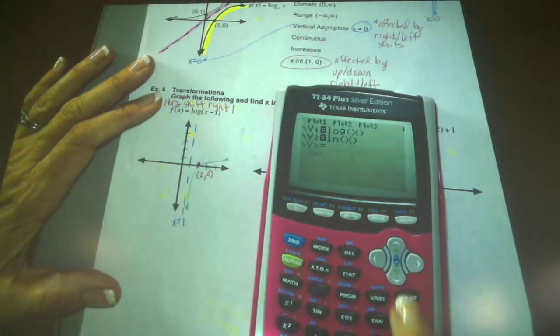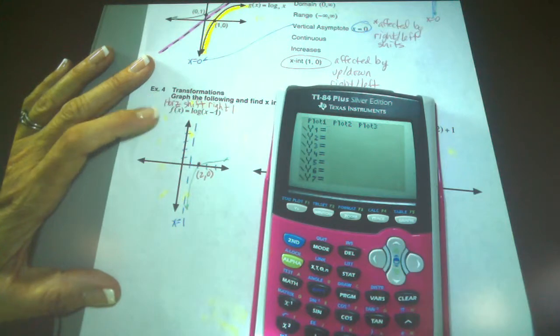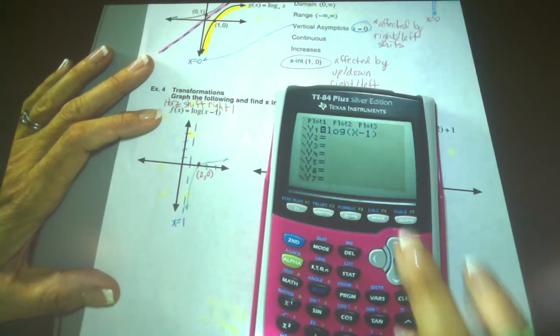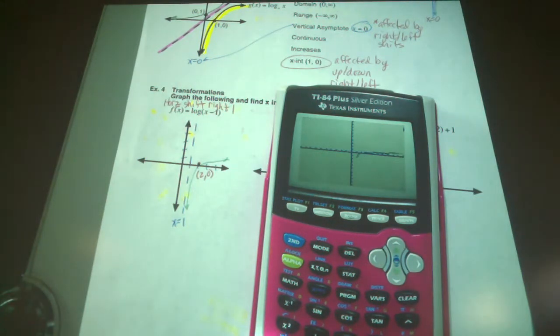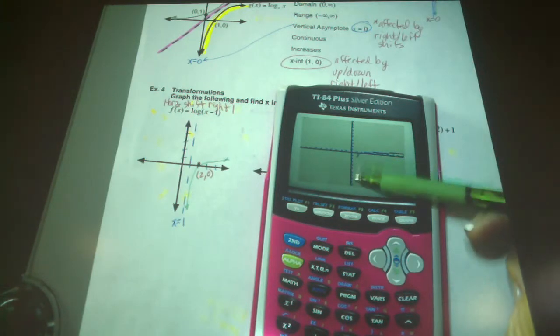Well, let's look to see what it actually looks like. So if I put in the log of x minus 1, a couple things are occurring. It looks like the graph just stopped here or started there, right? But what's really happening? It's hugging the asymptote, and does my calculator put in the asymptote?